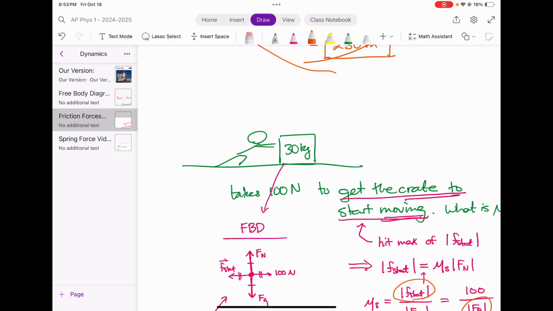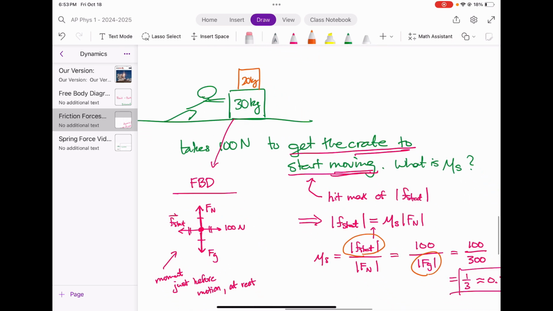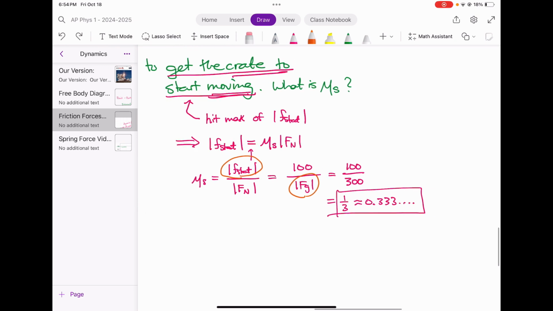If we were to put another weight on top, like 20 kilograms, then there's going to be a third force in our free body diagram, and this force will adjust. But if it's this simple, then we don't need to worry about that. So this is essentially how people come up with these coefficients. It's the force of static friction to get it going, divided by the force of gravity.